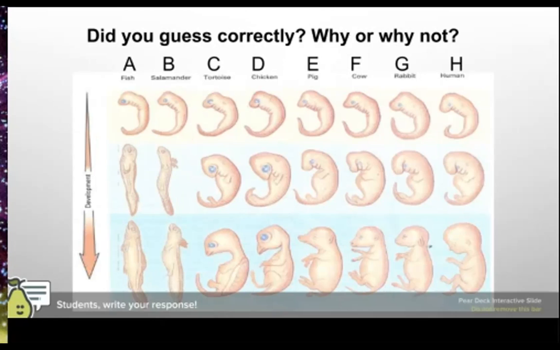All right. Did you guess correctly? Why or why not? Now, last class, a lot of kids were like, I got it right. How do I answer why I got it right? If it's a wild guess, straight say it was a wild guess, right? Or if there were some things you picked out, then go ahead and put that. All right, so you're back on the Pear Deck.